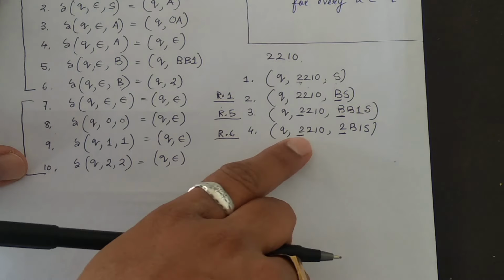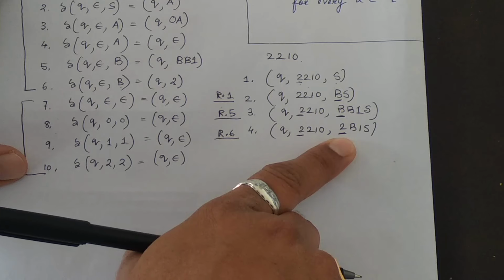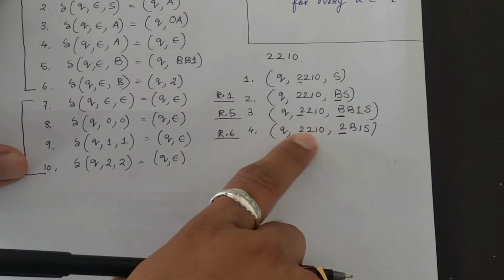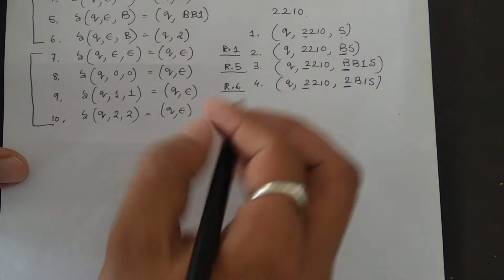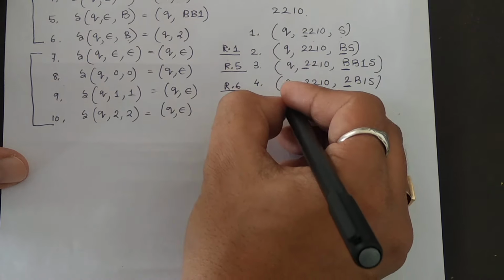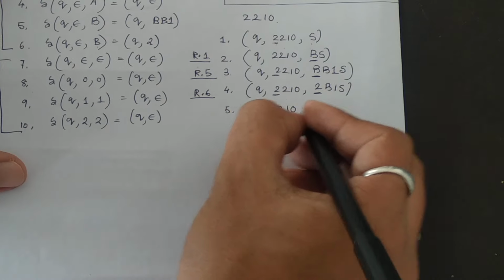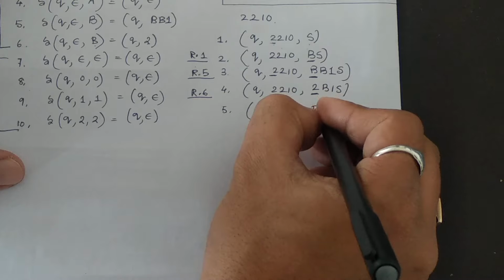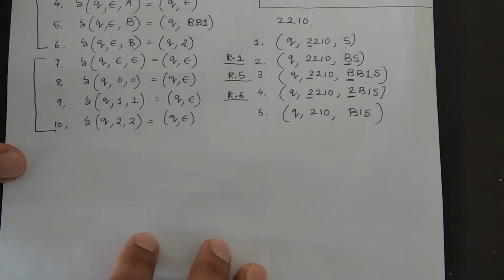Now you can check that these two are common. That means the input symbol that you are reading and the top of the stack are matching. Then you can do the pop operation. Clear? So this will automatically pop. Once I have popped, what I am left with, Q 2 is gone, then 210 is left, and on this side B1S. Clear? Any doubt?